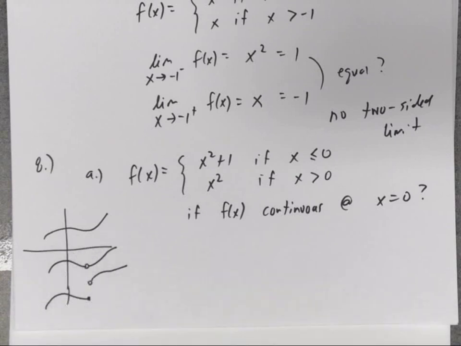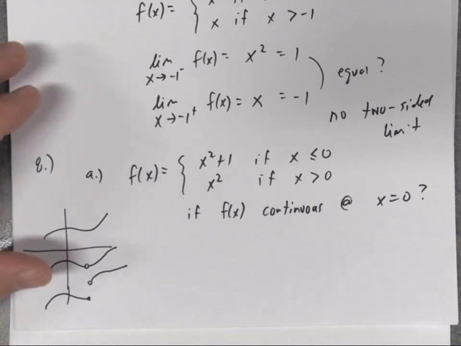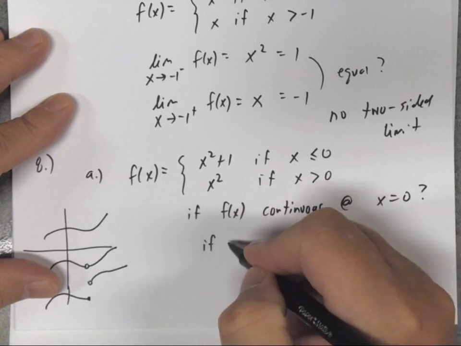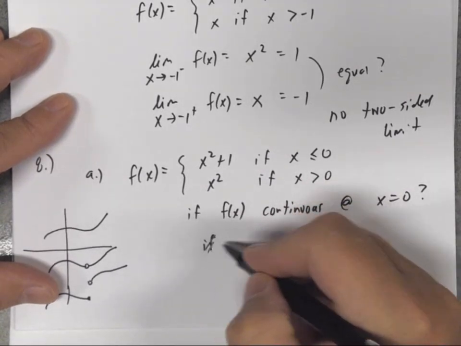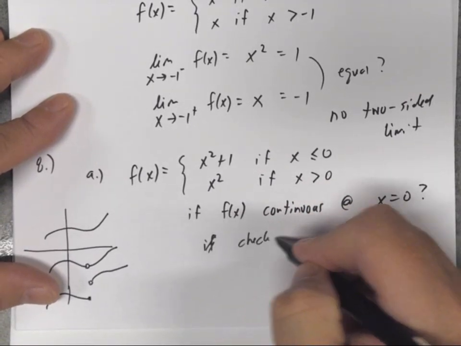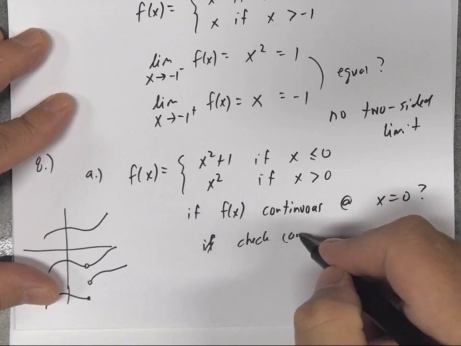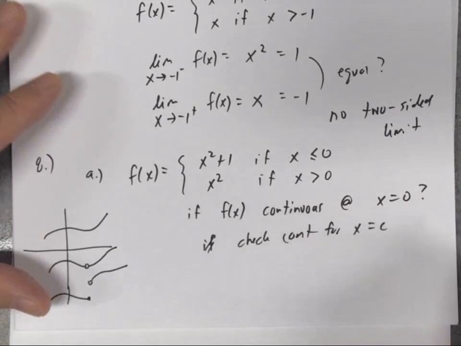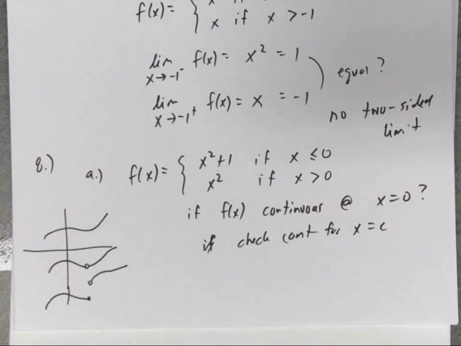So here's the example sort of visually, but mathematically, it's actually pretty straightforward. Say I've got a function, and I want to check the continuity when x is equal to c.